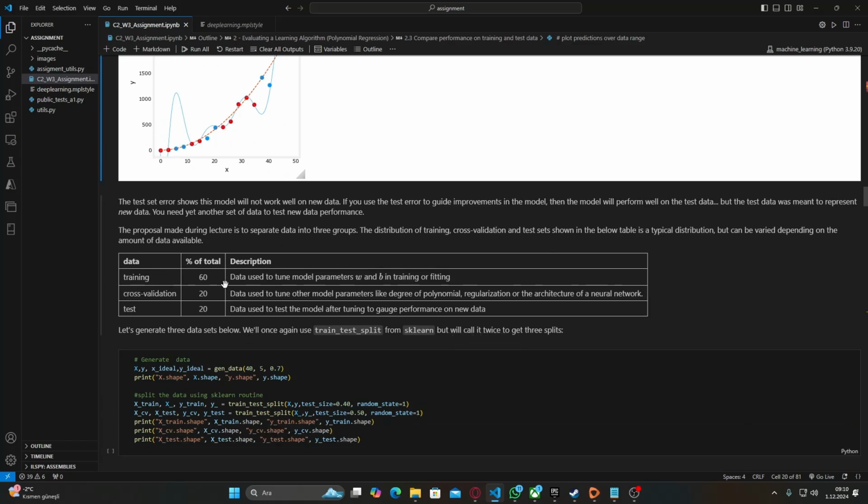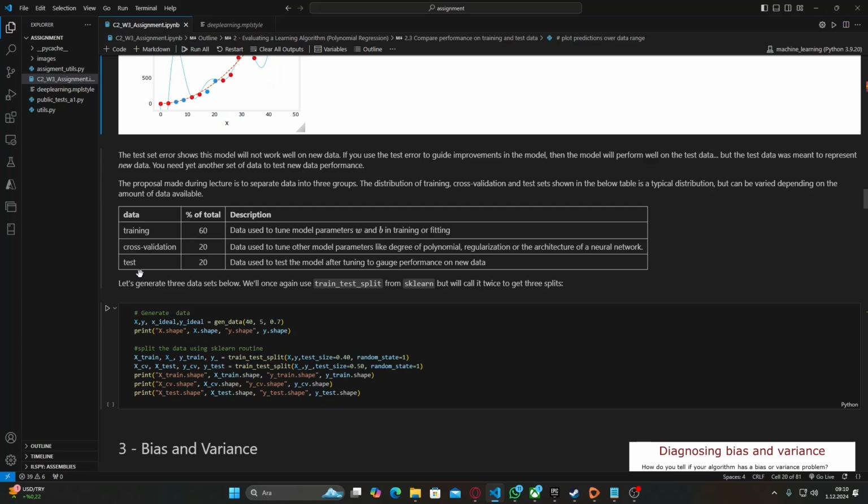In here, we are just giving the training, cross-validation, and test percentage of the sets. For training, we are using the data to tune model parameters w and b in the training or fitting. And in cross-validation, we're using data to tune other model parameters like degree of polynomial, regularization or the architecture of the neural network. And we are using the 20% of test to test a model after tuning to gauge performance on new data.